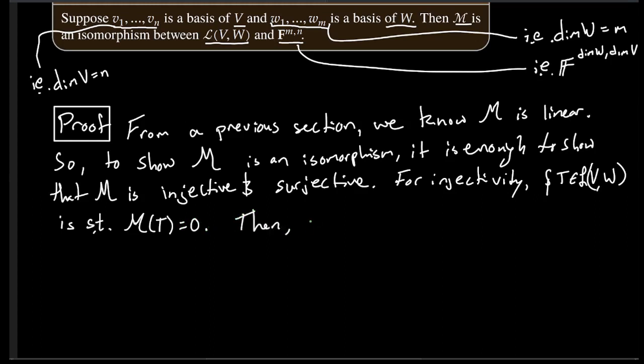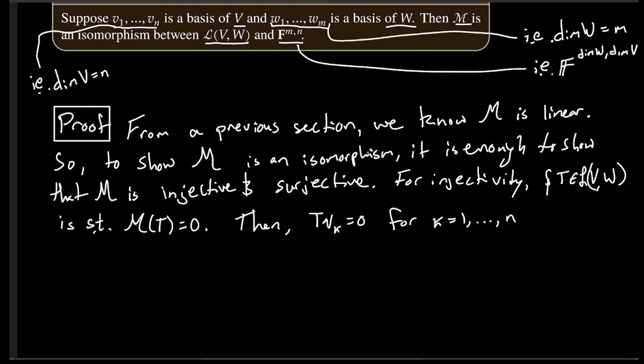Then this implies that T(vk) is equal to 0 for k equals 1 all the way up through n. Why? Think about it for a second. The idea is that the matrix of a linear map tells you how to take the coefficients in one representation of a vector and send them to the coefficients in another representation of the image of that vector.